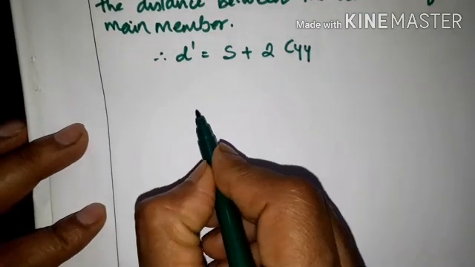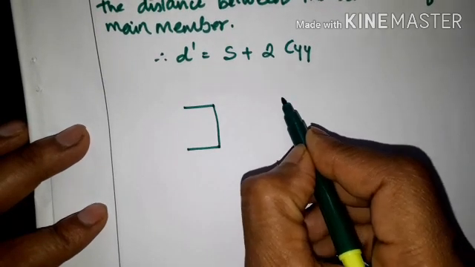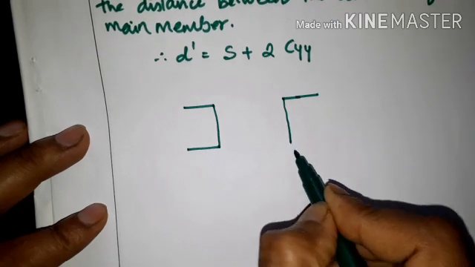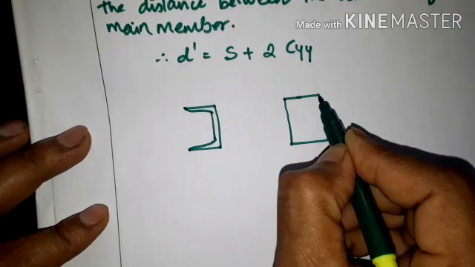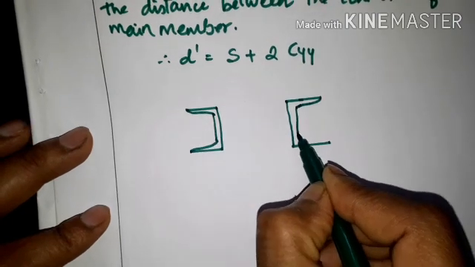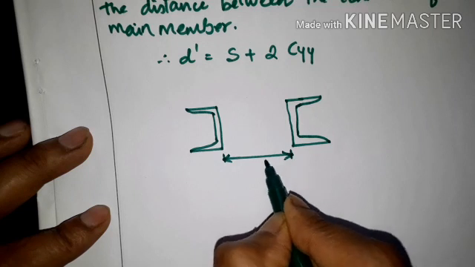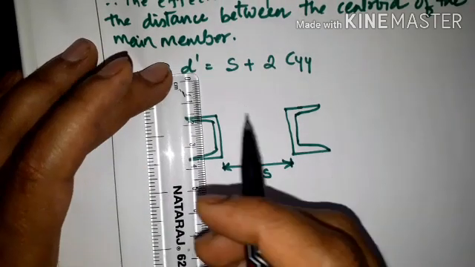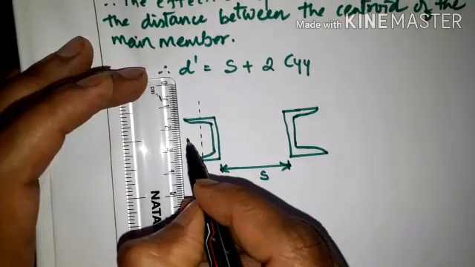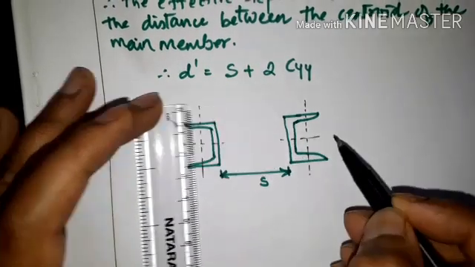In the plan, if I draw the channels, two channels back to back like this, this is nothing but the S. The centroid of the channel section will be somewhere here, and for the other also here.